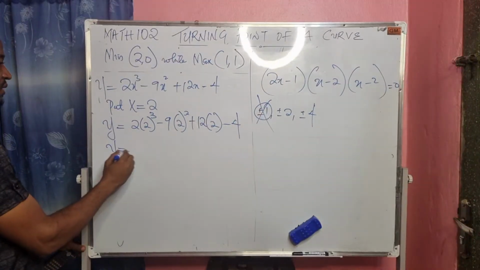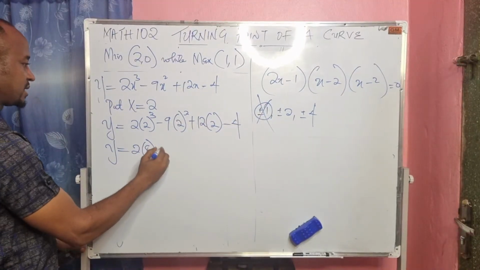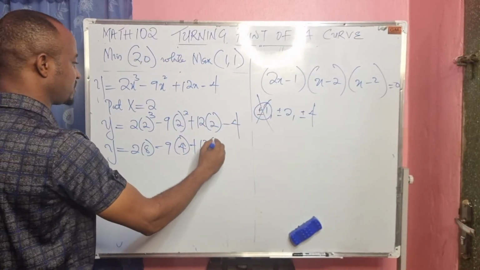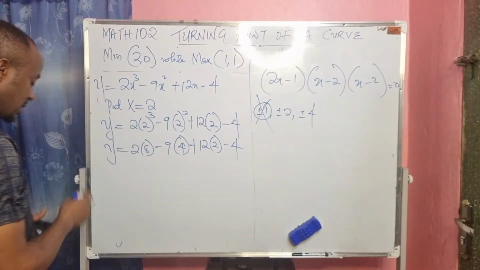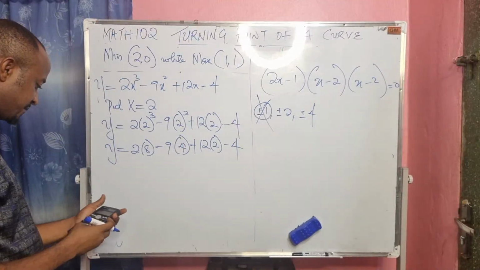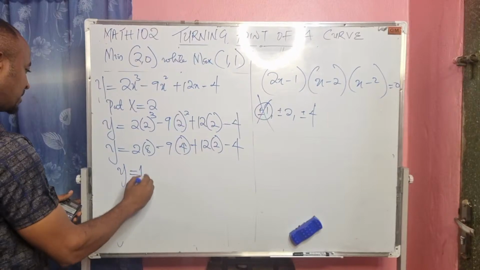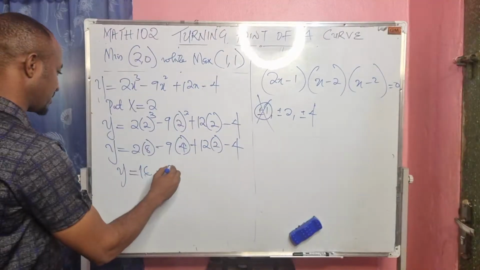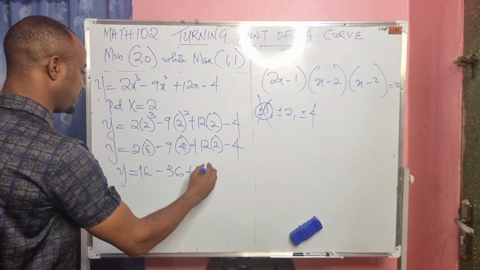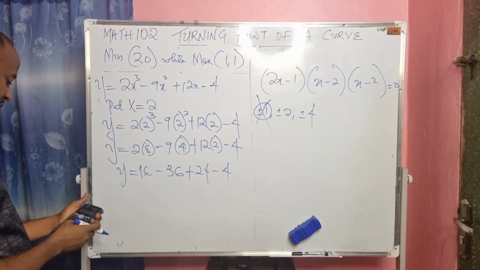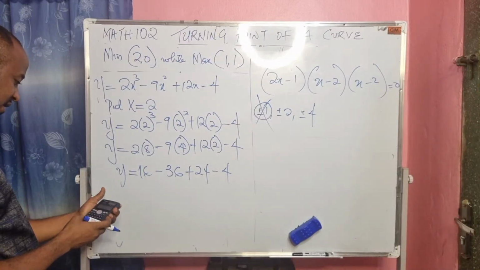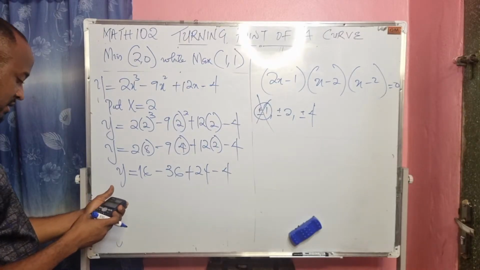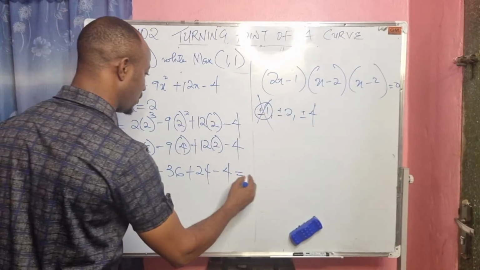So y is equals to 2 times 8 minus 9 times 4 plus 12 times 2 minus 4. Here we have 2 times 8 is 16, minus 9 times 4 is minus 36, plus 24, minus 4. So here we have 16 minus 36 plus 24, all right, minus 4. This is equals to 0.